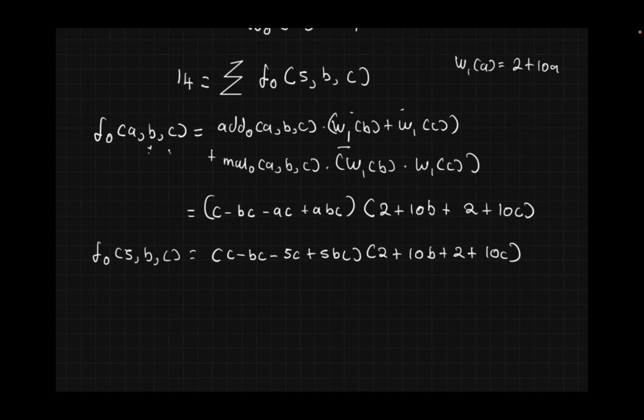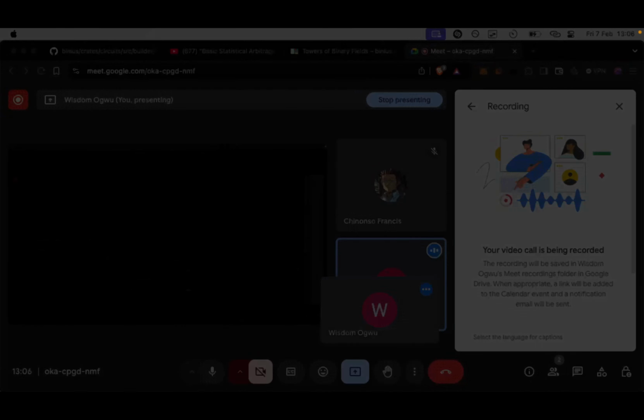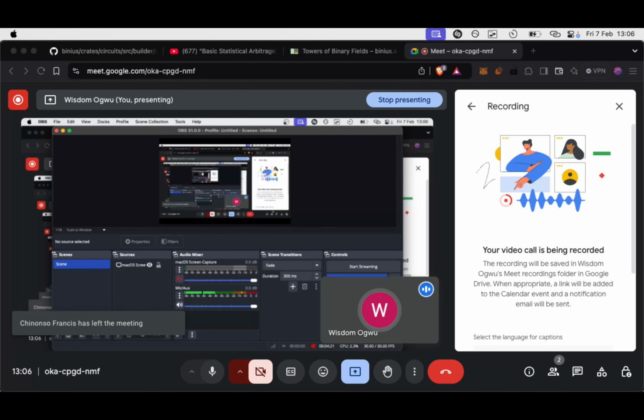Is there a simplified version? You can just add 2 plus 2, 4. And then you have 4 plus 9B plus 10C. This is the most simplified version, except you could bring 2 out, which does not really matter.